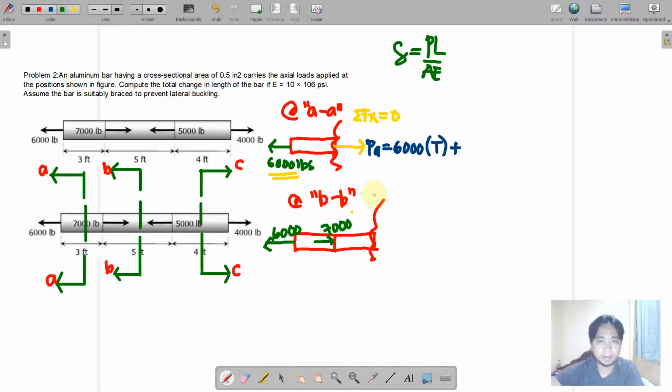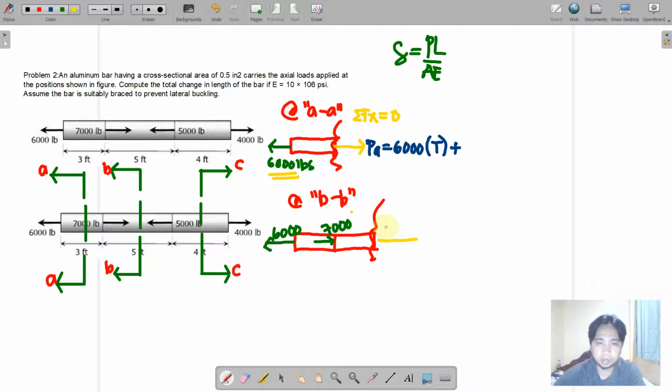Okay, so what we do next is to assume a direction for the internal force. It is important to note here that between 6,000 and 7,000, these are oppositely directed. If we subtract them, it will have a 1,000 prevailing force towards the right.